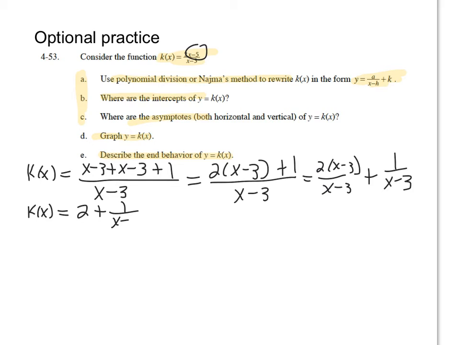Since I have this as a transformed equation, I'm going to look at my two shifts.